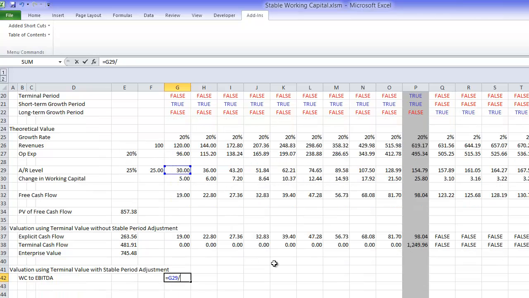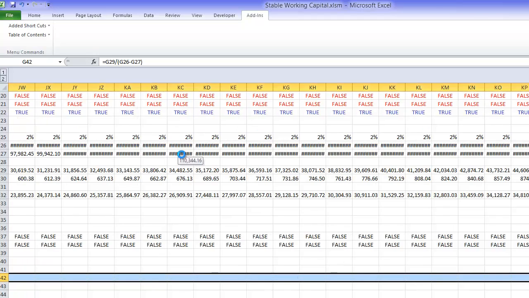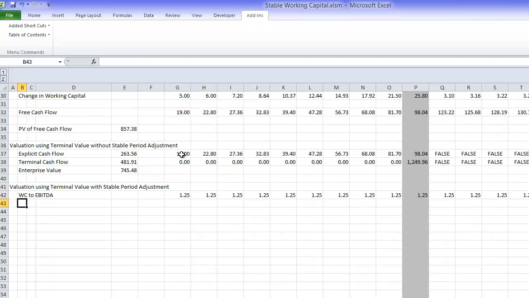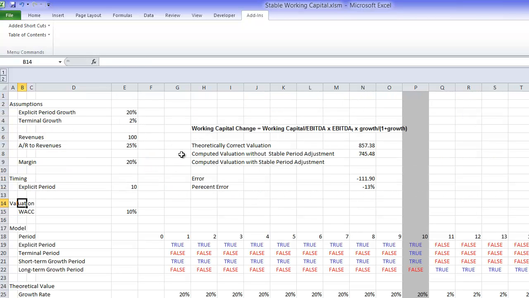So take the level of working capital divided by the EBITDA, which is the revenues minus the expenses. That's the stable period working capital. Now our stable working capital change is this formula we have: working capital to EBITDA times EBITDA in this period times growth divided by 1 plus growth.